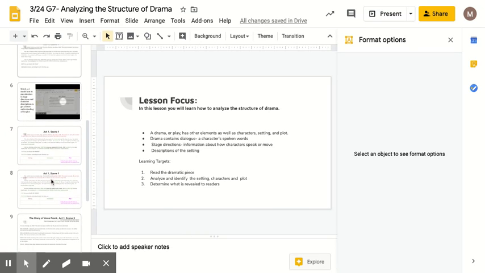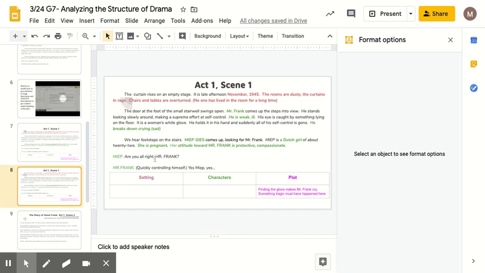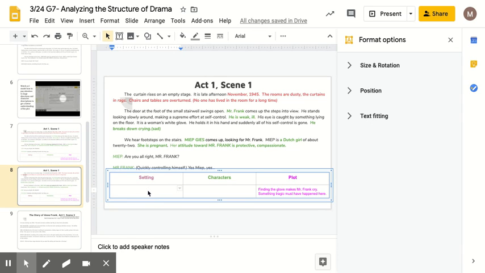Okay, so let's go back to our organizer, and I want to fill this out, and I want you to watch me how I identify the settings and the characters. So I can see here that this setting is giving us the time of year, November 1945.